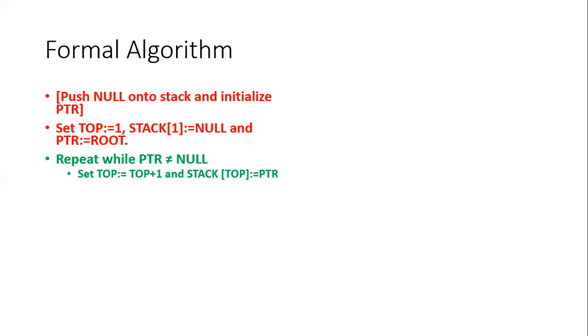Okay, so what it does, we increment the top pointer by 1, and to the new address, the PTR value is going to be loaded, and that in turn will be pointing to the corresponding node. So PTR is equal to left of PTR. Every time it gets updated, and this action will continue until the PTR becomes null.